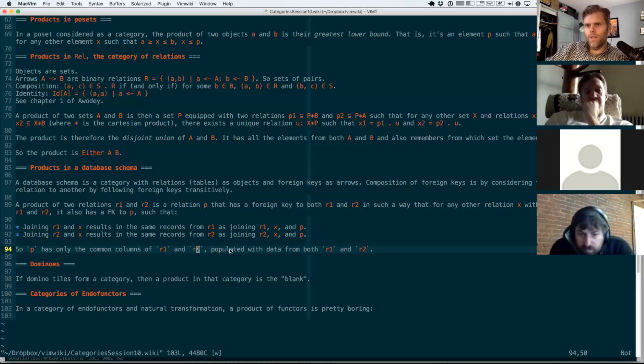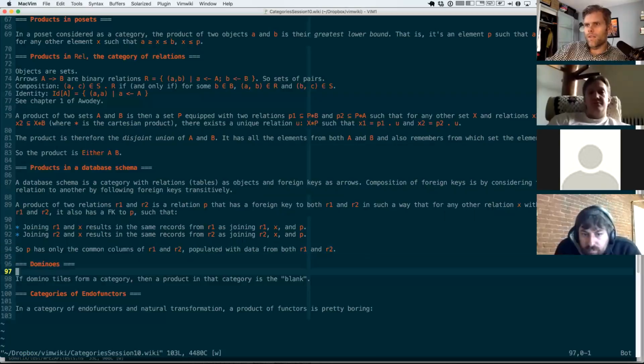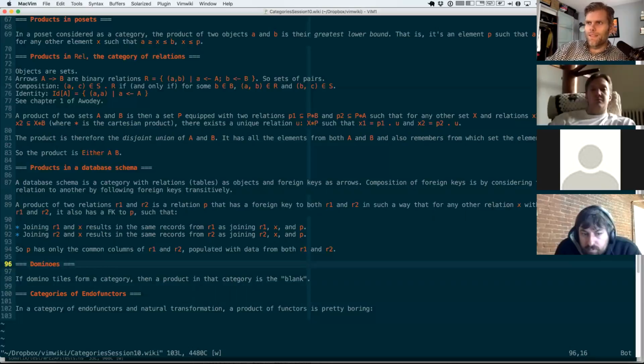So it's like a join table. Okay. Just for fun, I was looking at a little category, the category of dominoes, right? So the game of dominoes actually forms a category.